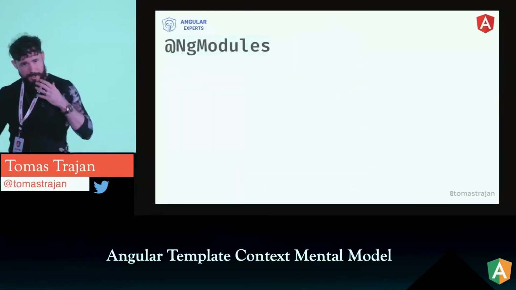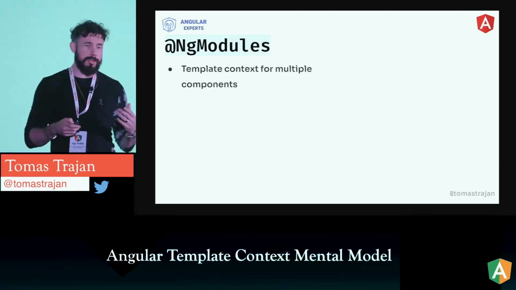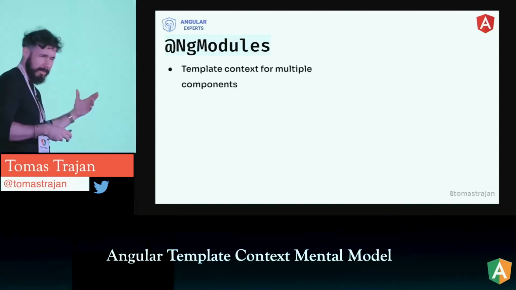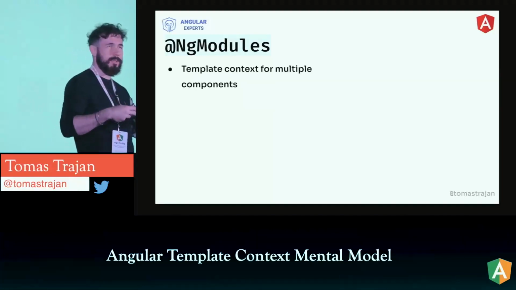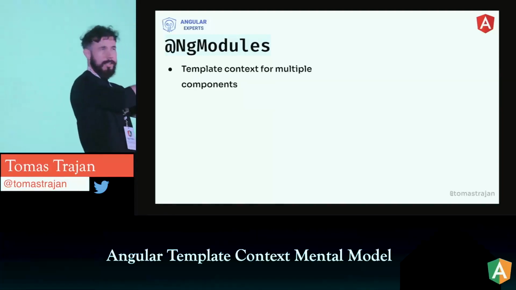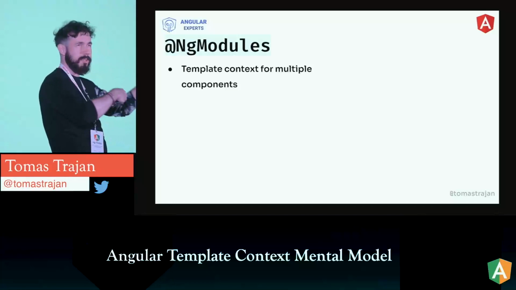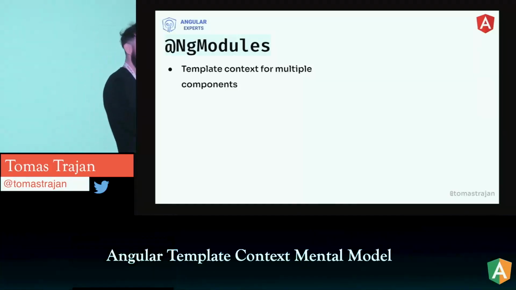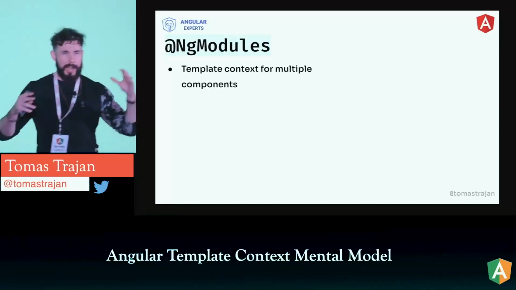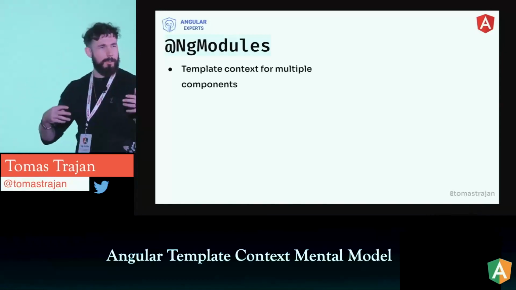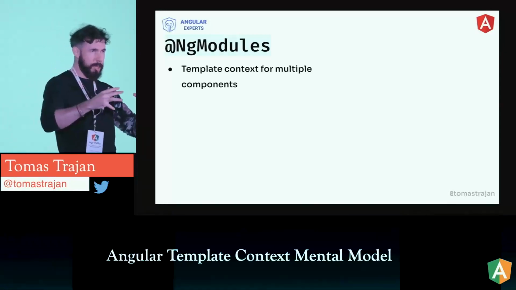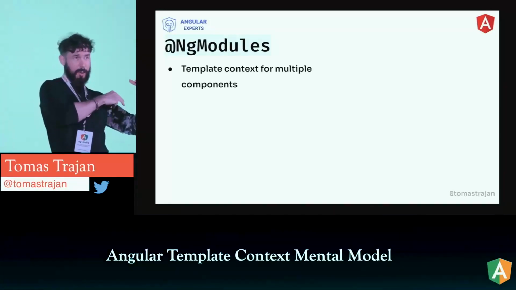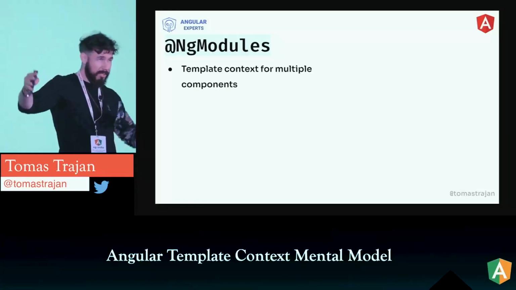So if we put these things next to each other, ngModules often define the template context for multiple components. Imagine you have a lazy loaded dashboard feature, and there is a dashboard container which has a list of widgets, which has a list of widget items, which has different types, and then there is an editor and sorting and tags. Those are many different components which are only used for the dashboard feature, and with the modules we could just specify one template context for all these 12 components in one place.